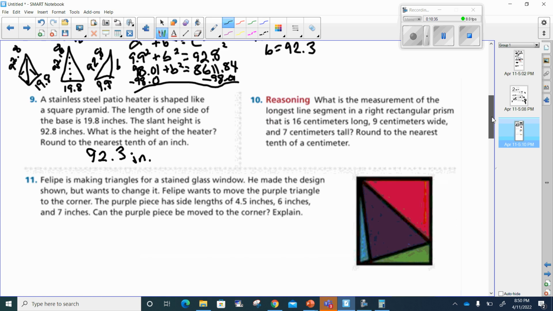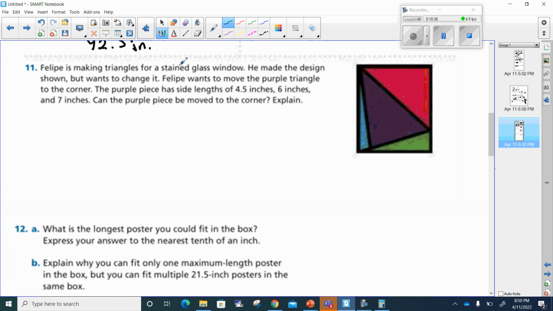All right, let's move on to number 11. It says Felipe is making a triangle, a stained glass window. He made the design shown, but wants to change it. Felipe wants to move the purple triangle to the corner. The purple piece has a side length of 4.5, 6 inches, and a hypotenuse of 7 inches.